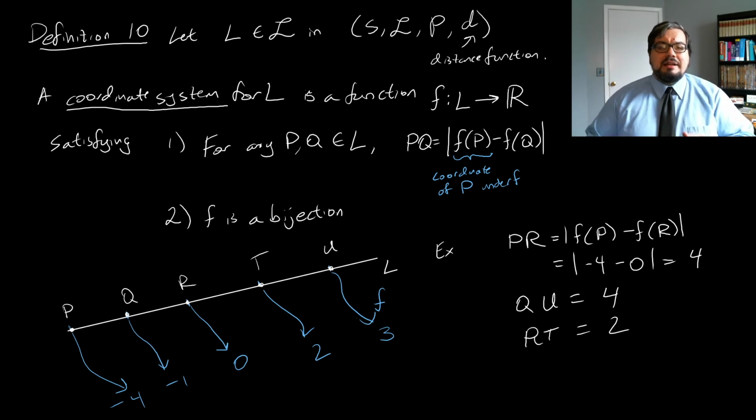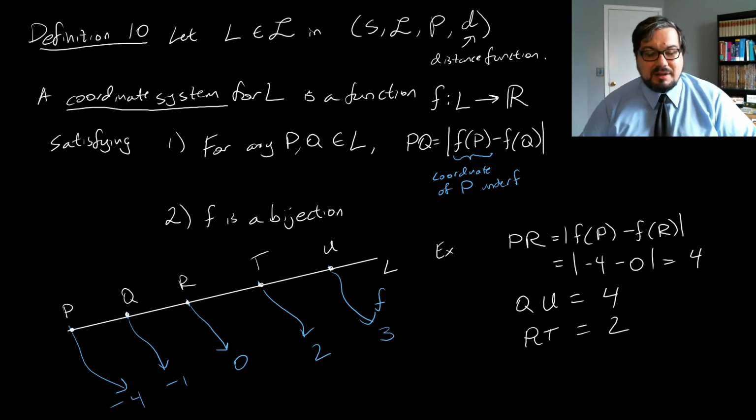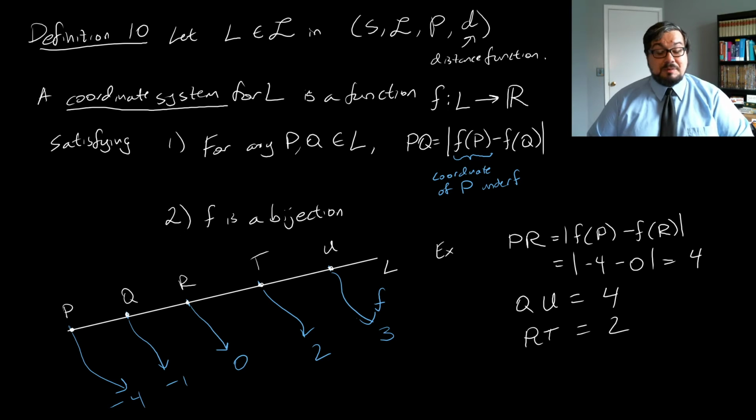So any line that has a coordinate system has infinitely many points on it, which means that we aren't going to be dealing with just the 2-element lines that we saw in incidence geometry. We're actually going to be dealing with lots of lines here. And there are other things that it means. For instance, since f is a surjection, given any real number, there is some point on the line L that has that coordinate.